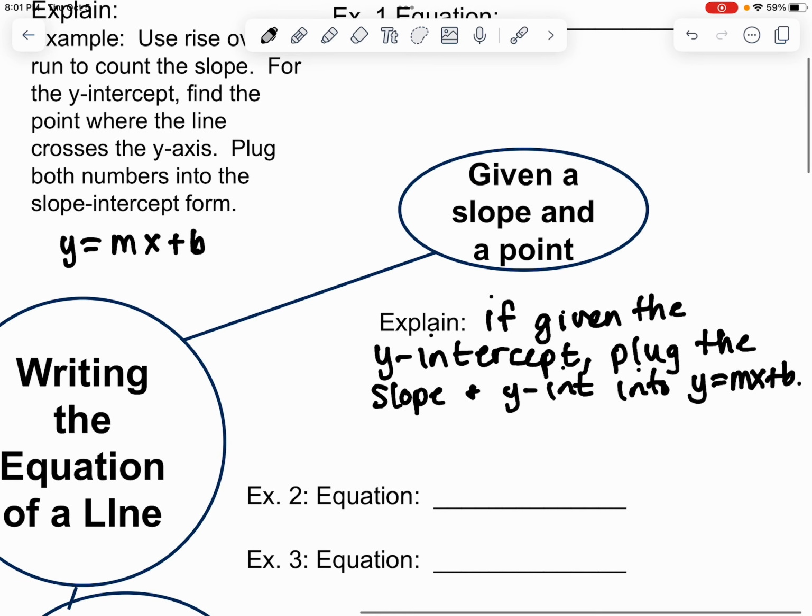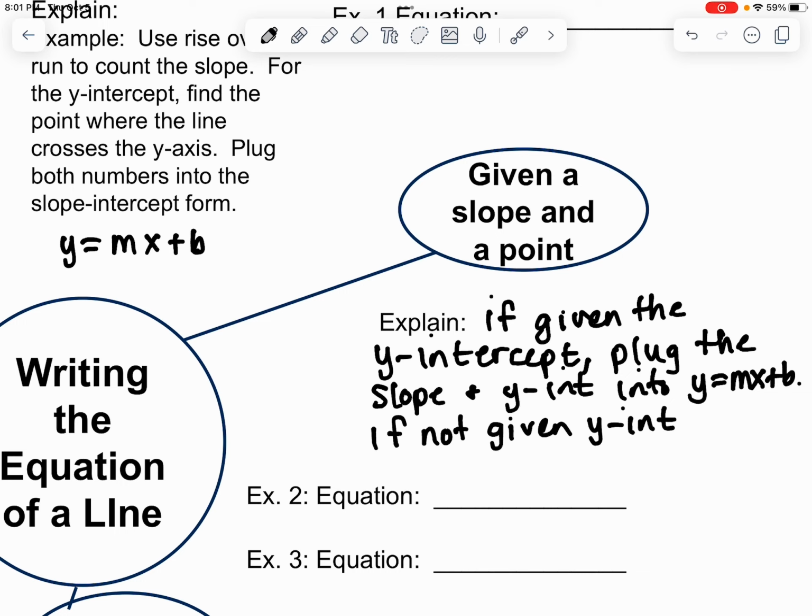If we're not given the y-intercept for our point, then we need to use point slope form, and then solve for y.